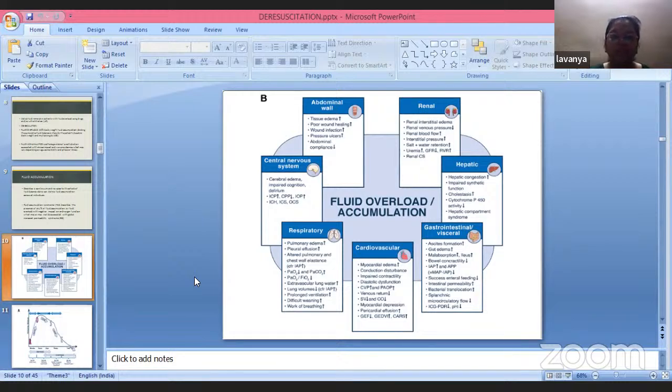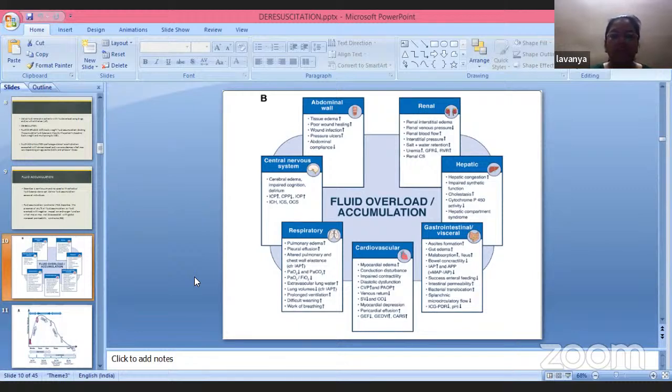Respiratory wise, we all know that we are mainly worried about this also. There can be increased pulmonary edema, increased effusions, decreased oxygenation and increased PaCO2. Extravascular lung water can also increase. This leads to prolonged difficulty in weaning of the patient, and work of breathing increases.